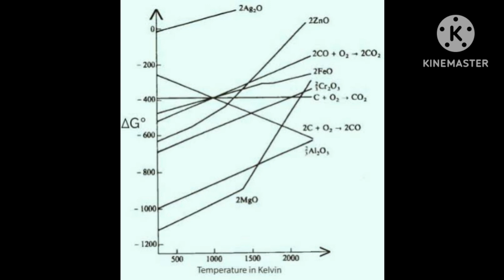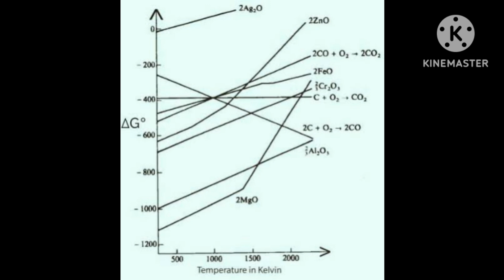Here carbon will convert to carbon oxide, CO. Carbon will take oxygen from the metal oxide, form CO, and the metal will be free, converting to metal. If you are using carbon monoxide, it can take one more oxygen, then CO will convert to CO2 and the metal will be free.